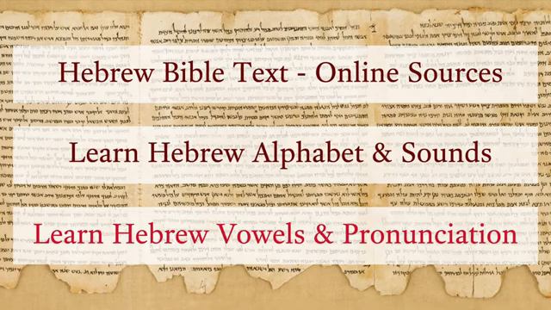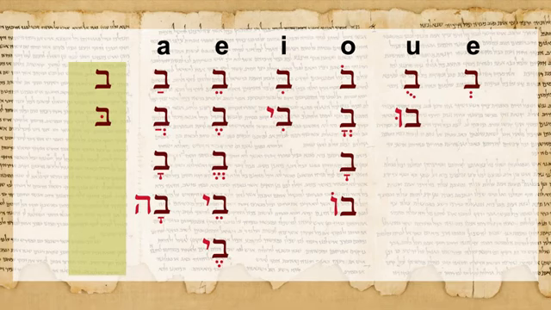Thirdly, you need to learn Hebrew vowels and learn how to pronounce them. I'm not going to teach you that in this video, except I'll just mention briefly what kind of vowels there are. So you have this letter Beth here. Although the letter is Beth, without a dot it is pronounced Veth, the V sound. If you put this dot, then it is pronounced with the B sound.